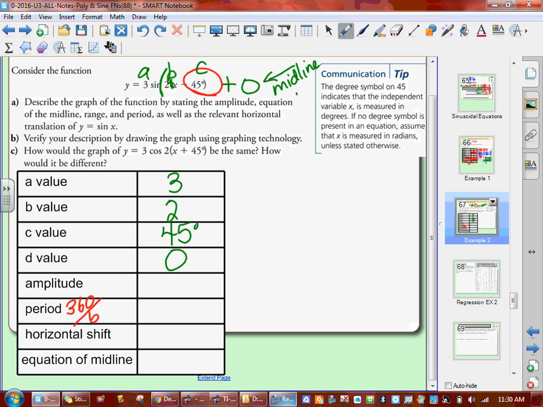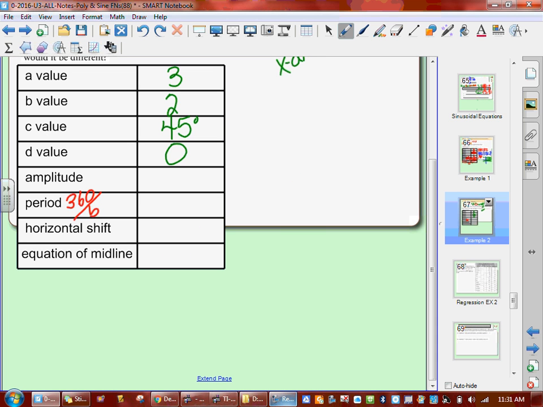All right, now we're going to go back down and we're going to identify these other features. So, amplitude, a value, 3. Period, 360 divided by 2. So how big is it? 180 degrees, good. Horizontal shift, how far did it move? 45, but which direction?